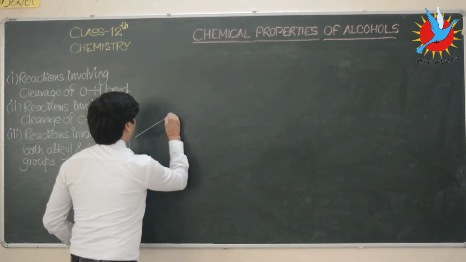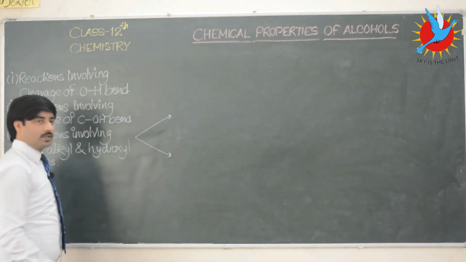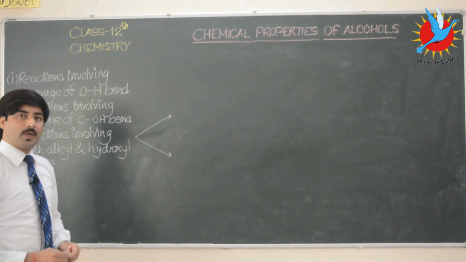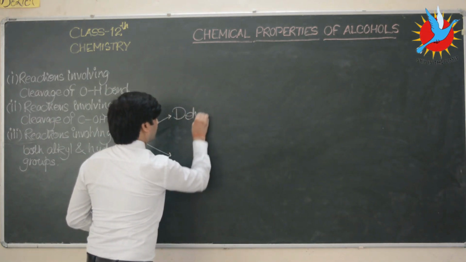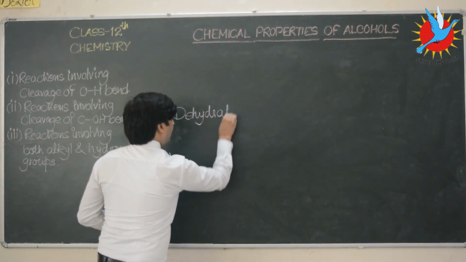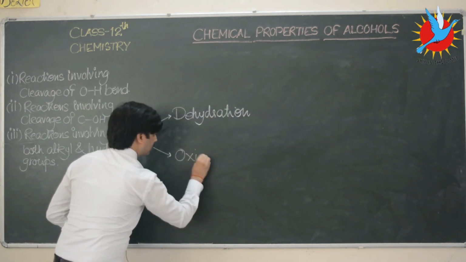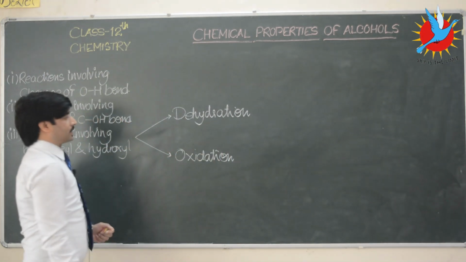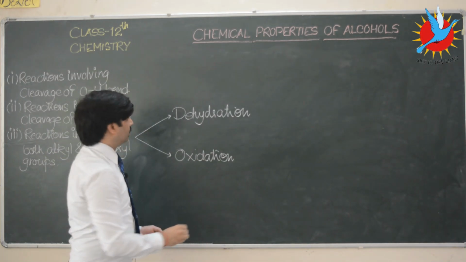We have two important reactions according to our syllabus. If we are talking about those reactions involving both alkyl as well as hydroxyl group, the first one is dehydration and the second one is oxidation.